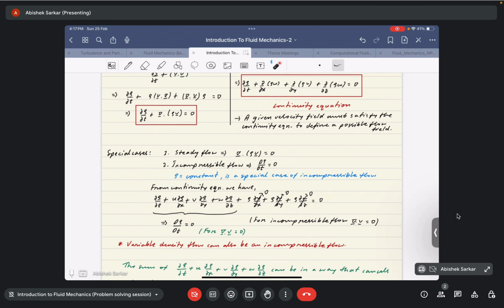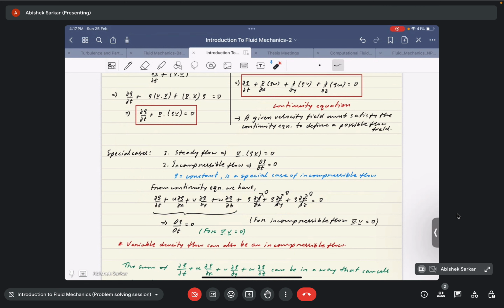and this term physically corresponds to the complete derivative of the density. Again, as I was recalling previously, dou by dou t plus u dou by dou x plus v dou by dou y plus w dou by dou z is not something inherent only to the evaluation of velocity. It also operates on density or any kind of flow parameter, say temperature as well.